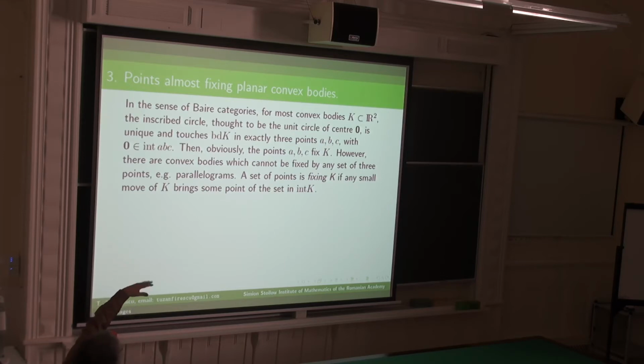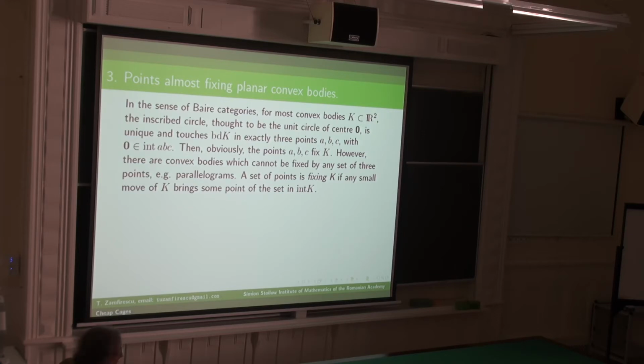In the sense of Baire categories, most convex bodies touch the inscribed circle in exactly 3 points, and the origin, if it is the center of the circle, is inside the interior of ABC.